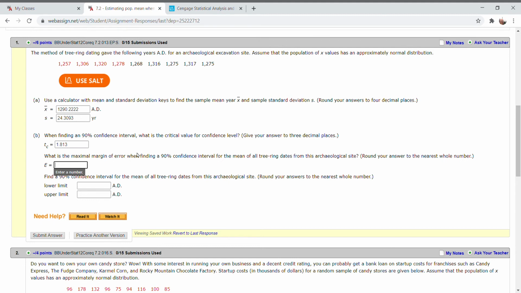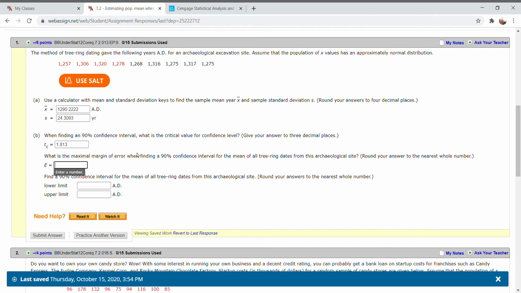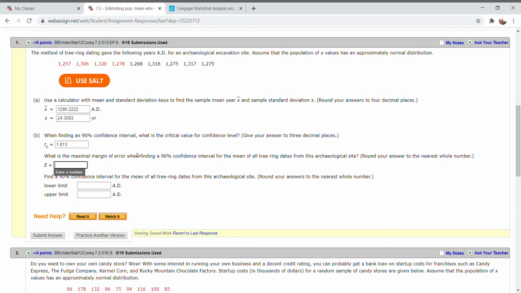Now grab your calculator, and we're going to calculate the maximal margin of error. When we did the Z interval, it was the Z cutoff times sigma divided by square root of n. The only thing that changes is we're going to use that T cutoff, 1.813 times S instead of sigma. We only know the sample's deviation.